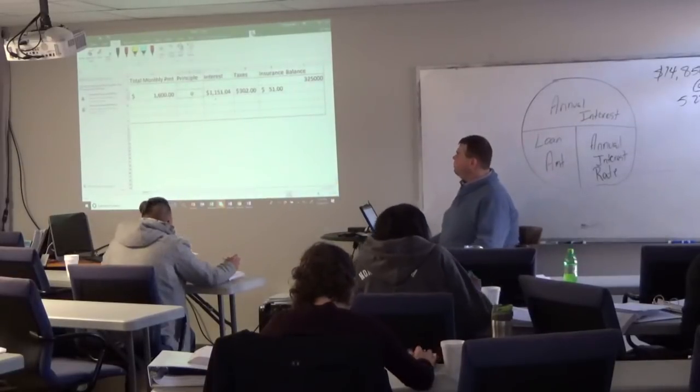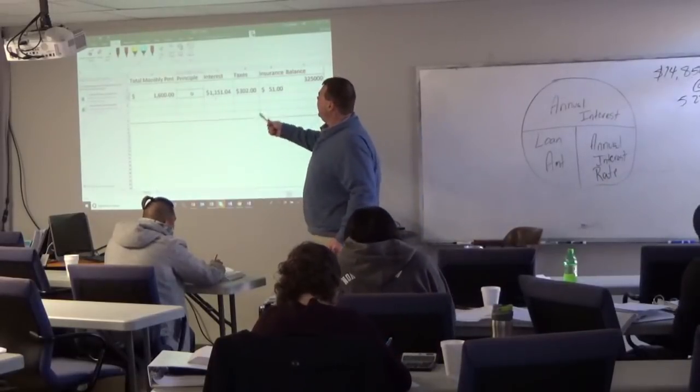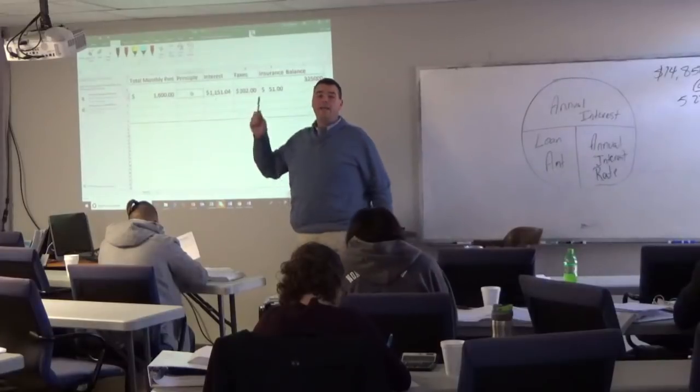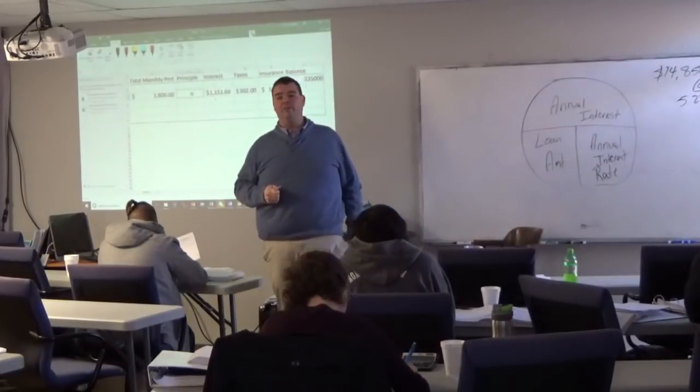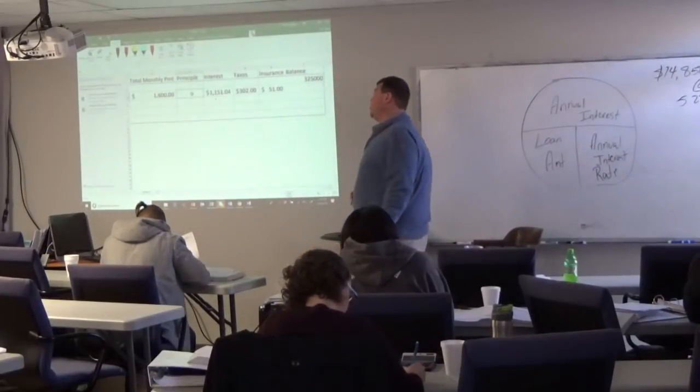Now, if I know that my total monthly payment is $1,600, and I've calculated the interest, the taxes, the insurance, can I calculate the principal now? Can I figure out how much money's left over? Yes. So I'm just going to subtract all those out.